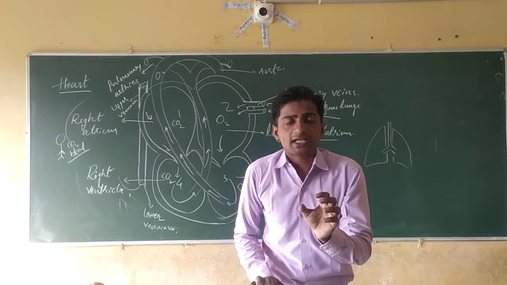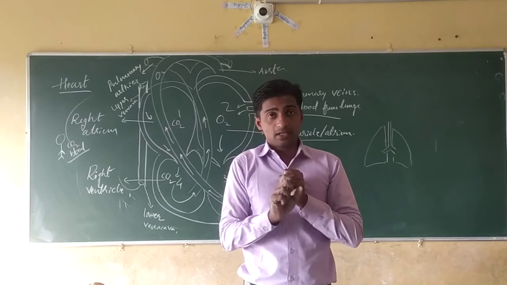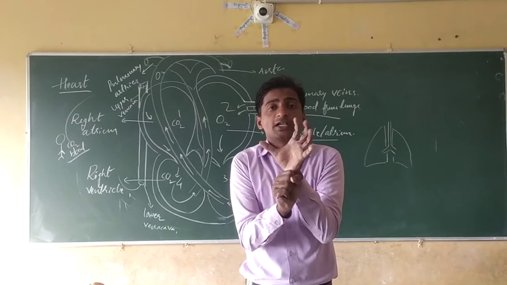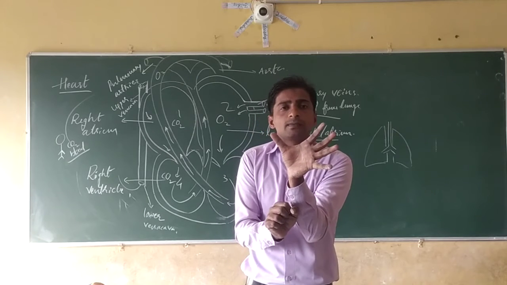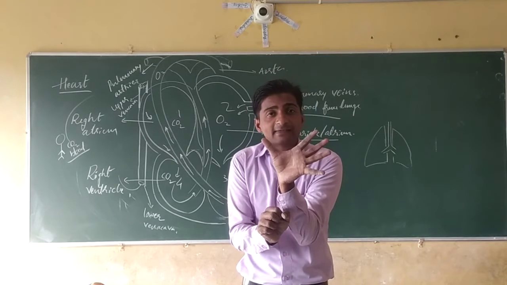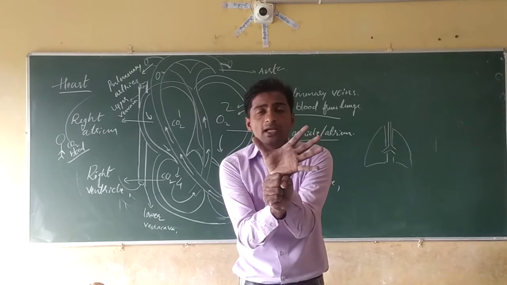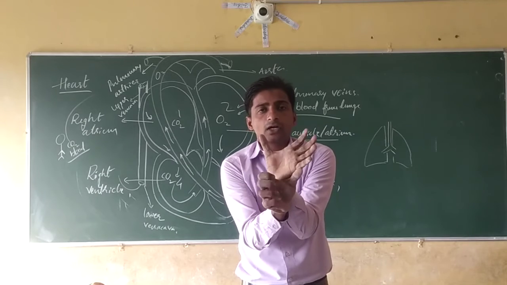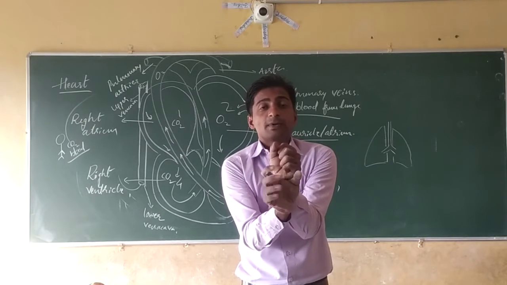The heart shows contraction and relaxation alternatively. How? First, the upper chamber relaxes. At that time, the lower chamber contracts. When the lower chamber relaxes, the upper chamber contracts. Contraction and relaxation go on while pumping the blood.